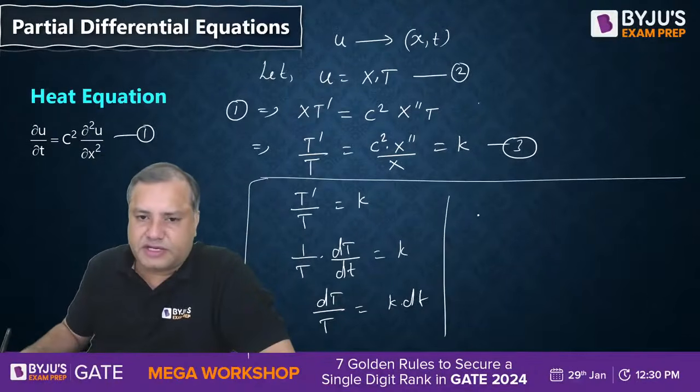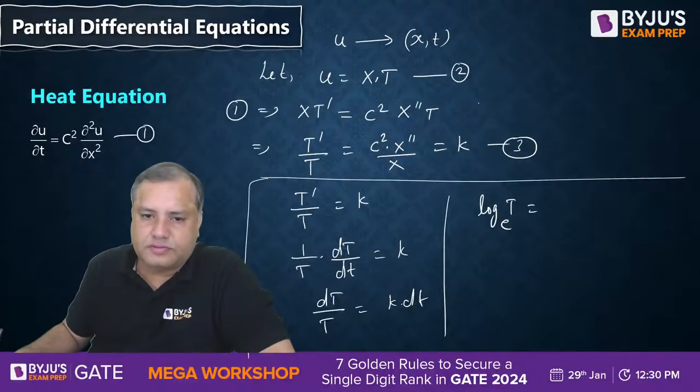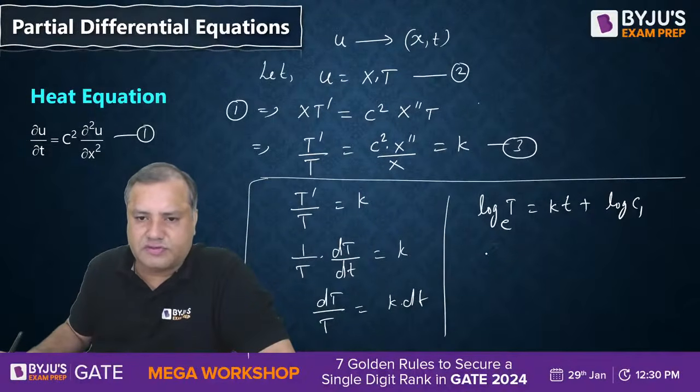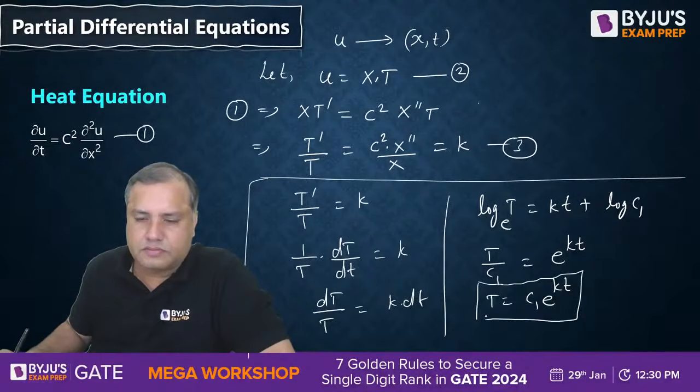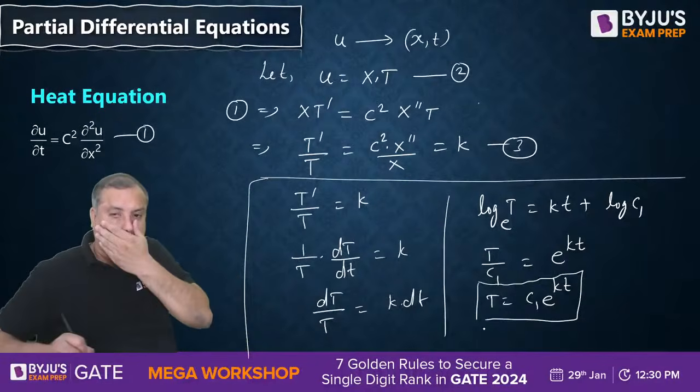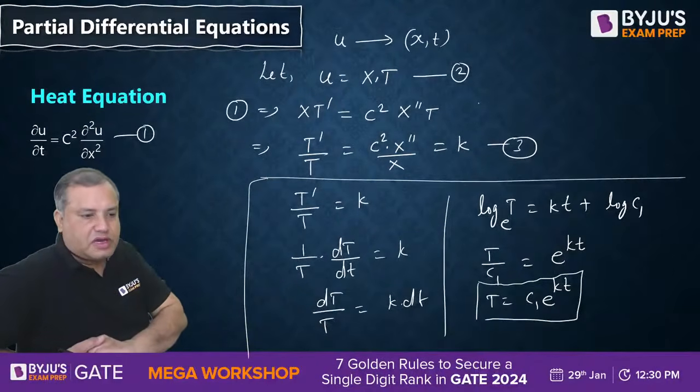Then integrate both sides. So log T equals kt plus some constant log c1. So log T minus log c1 will be T upon c1, it is e raised to kt. So T will be c1 times e raised to kt. Comfortable?